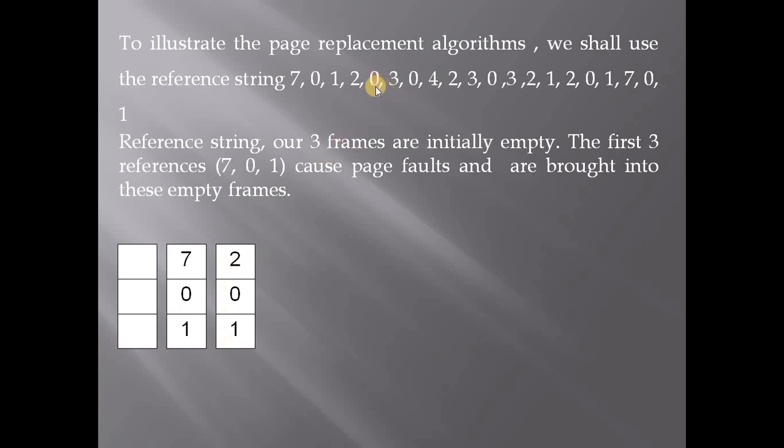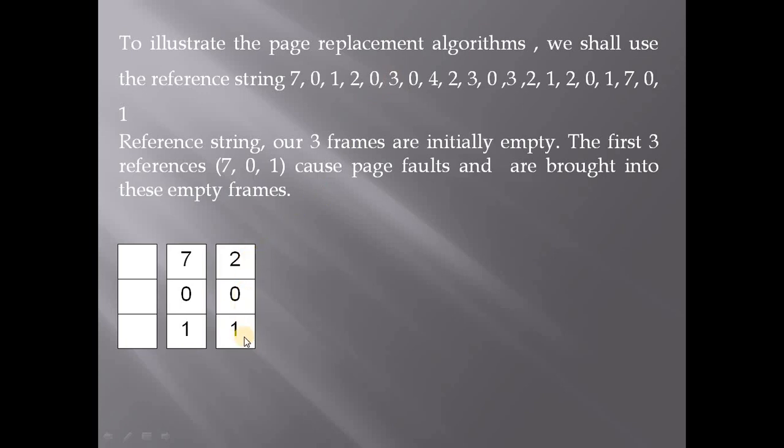Next page to be referenced is 0. There will be no page fault since page number 0 is already in memory. Next reference is page number 3. For page number 3 there will be a page fault since it is not there in memory. Now we have to bring page number 3 in.